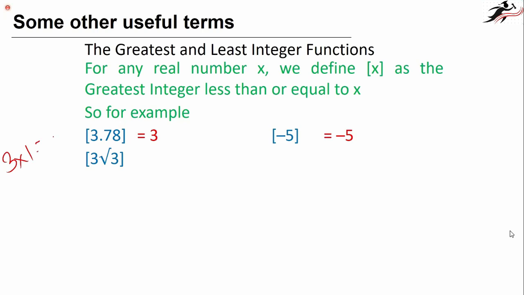That is approximately 5.19. So when I'm looking for greatest integer of 5.19, I should be looking at 5 because I want an integer which is less than 5.19.